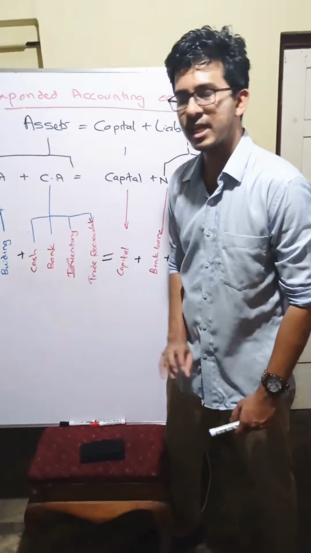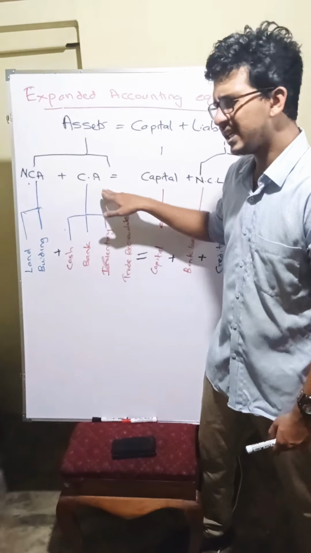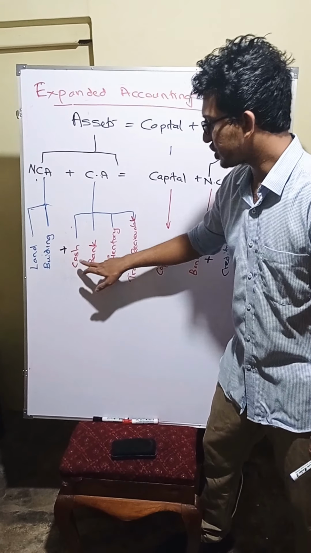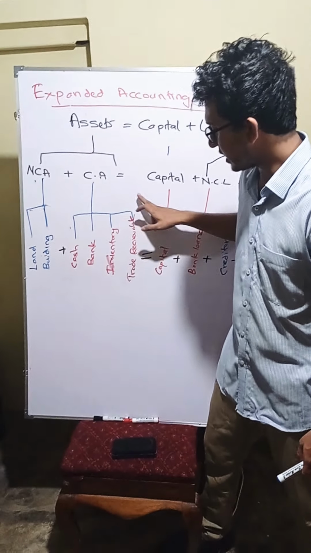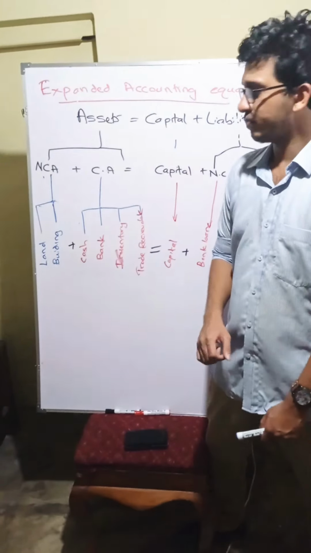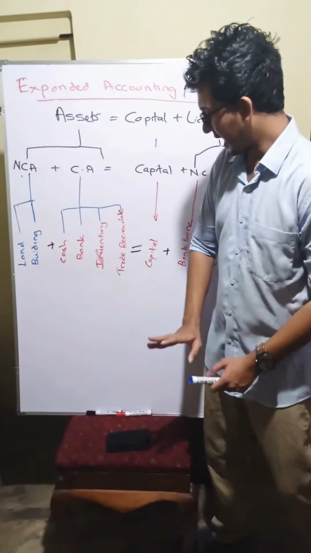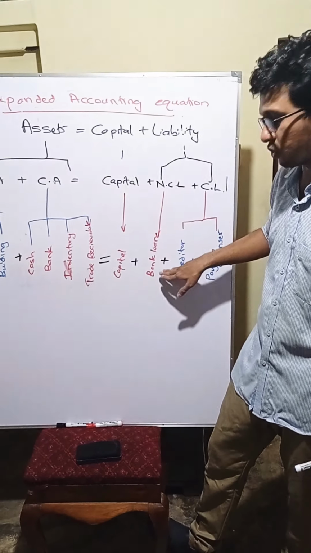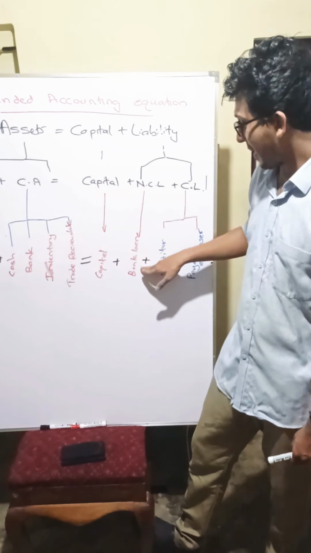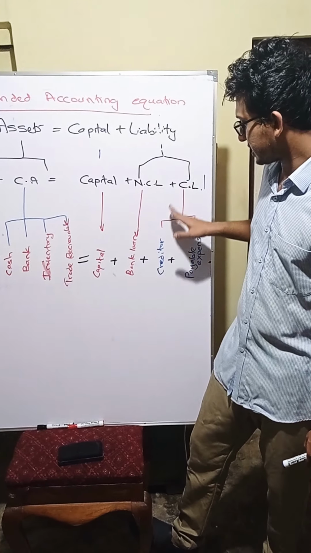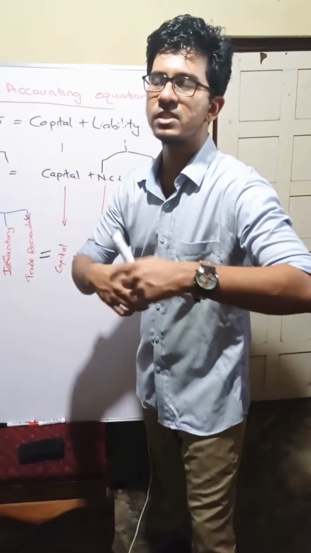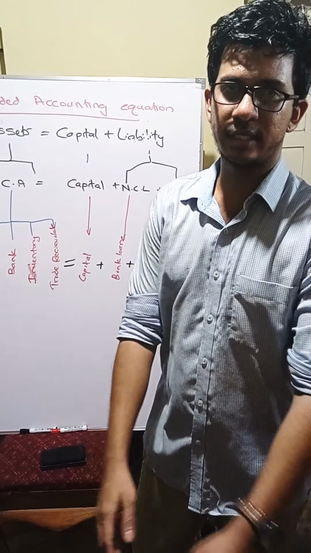Current assets also have a lot of examples, so here I wrote only four: cash, bank, inventory and trade receivable. Capital I keep as it is. Non-current liability I wrote as bank loan. Current liability I wrote as two examples: creditor and payable expense. Payable expense means the expense we have to pay to the outside party.